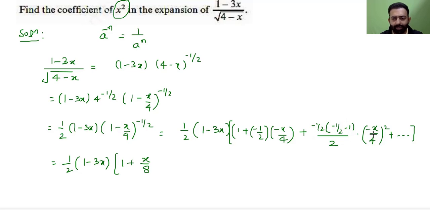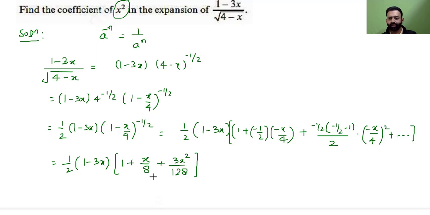Okay, and this is x square by 16. So here we have x square by 16 into 3 by 8, that means 3x square by 16 into 8 is 128, right? And all the signs are plus, so plus 3x square by, I think, 128.